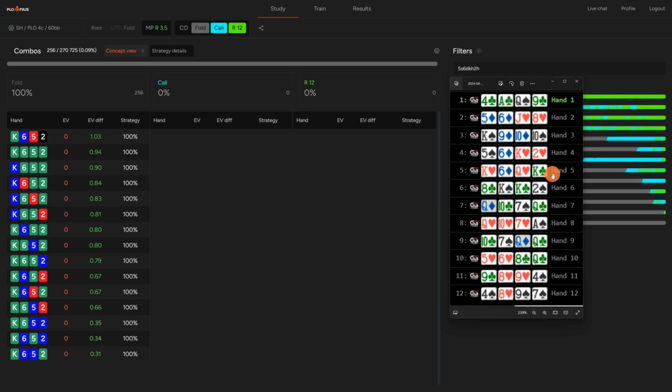Well, in the game, I know I cold called, but looking at this now, I just feel like I would still cold call because of the kings and not good enough to 3-bet. I wouldn't be surprised if it's a fold, but let's have a look.